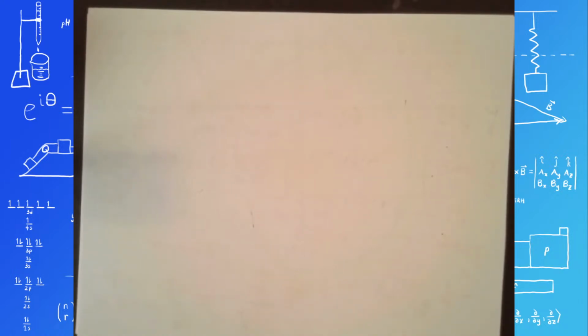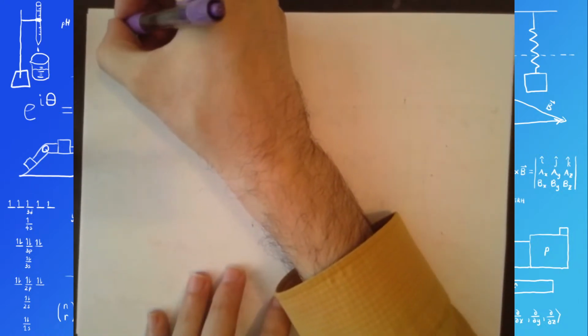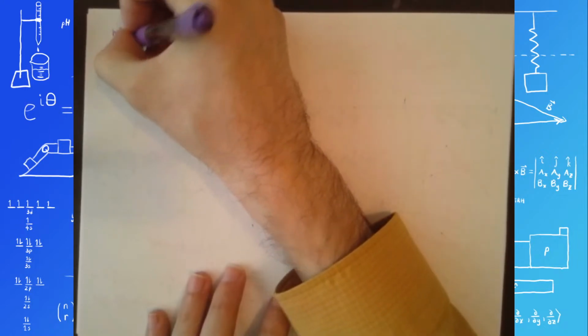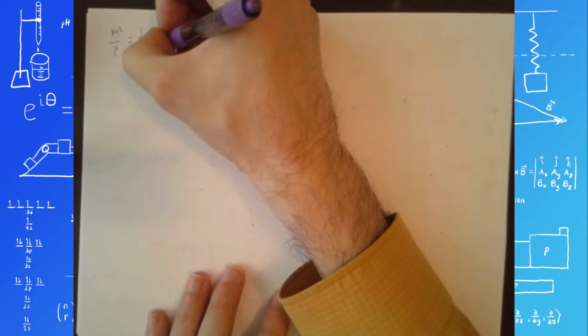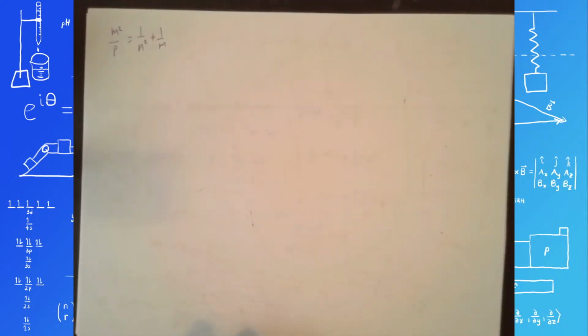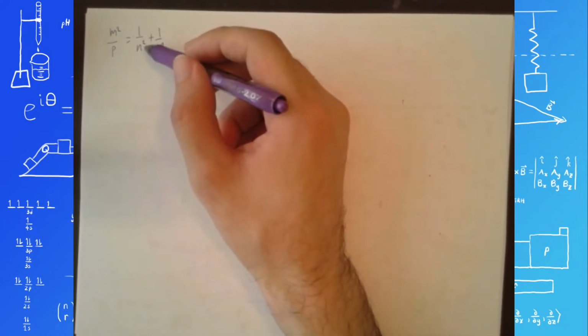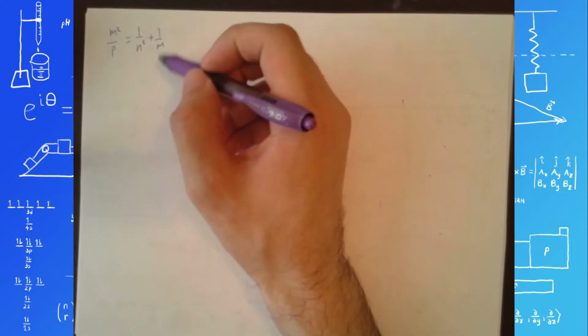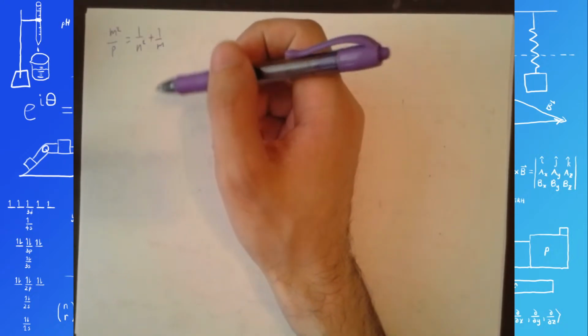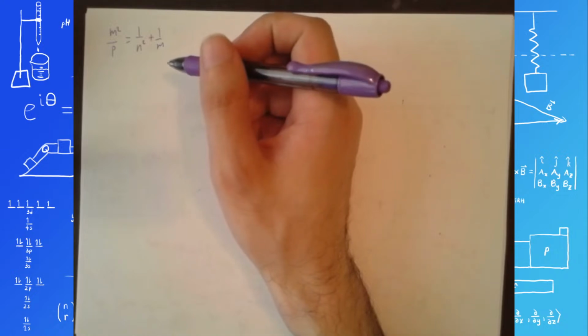M squared over p equals 1 over n squared plus 1 over m was the original statement. And one of the things that I pointed out while trying the previous solution was we had a situation where we were trying to isolate n squared and we ended up just kind of spreading it over multiple places, which made our job a little bit harder.